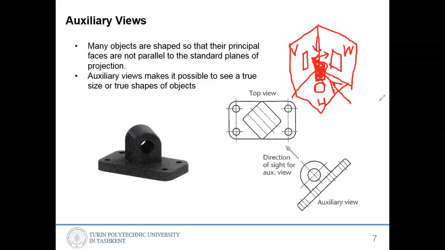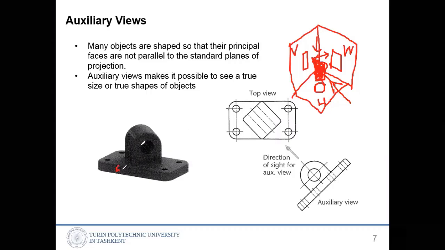Because it's turned in 3 sides also, we need to create a view for this side, to project this side. We'll create an auxiliary view, something like this.